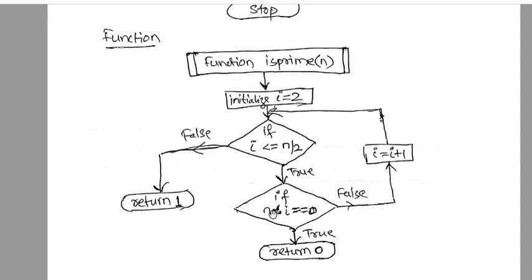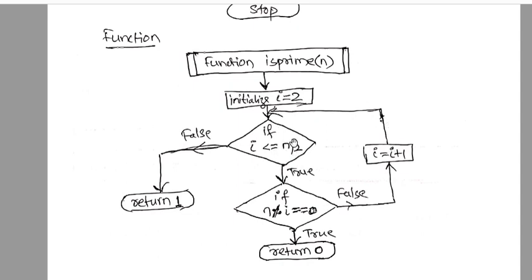Let us say this is not equal to 0, this condition is false, then i is incremented, i is equal to i plus 1, and again the condition i less than or equal to n by 2 is checked. If 10 is given, n by 2 is 5. If n is given as 11, it will loop until the value is 5, so 2, 3, 4, 5, that is 4 times it will loop.